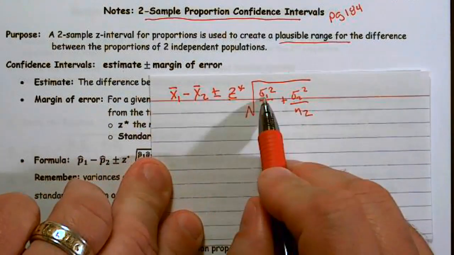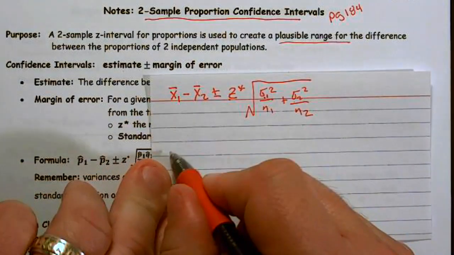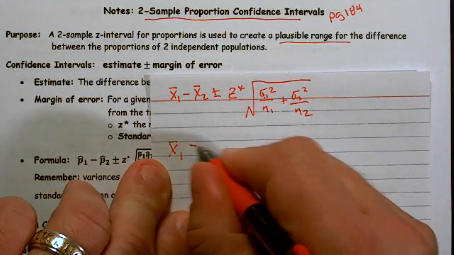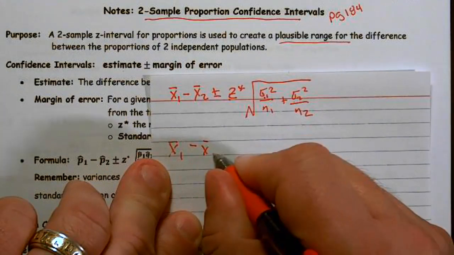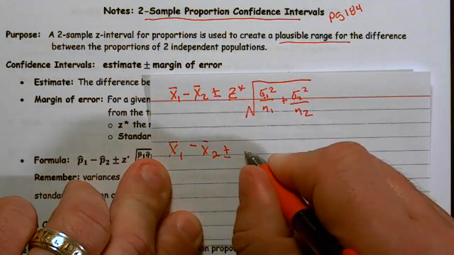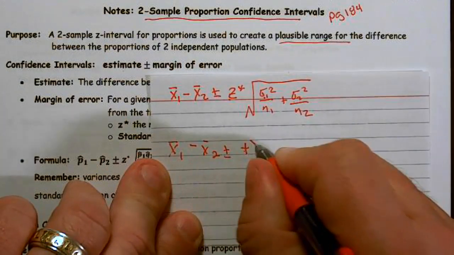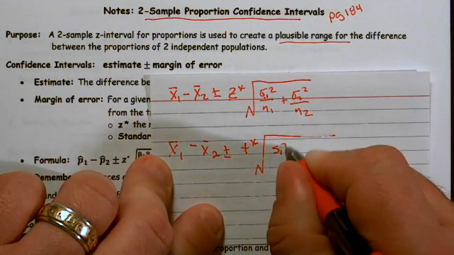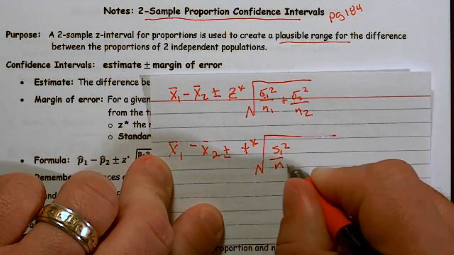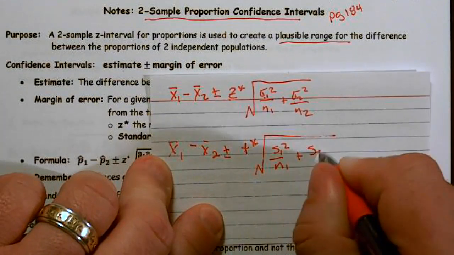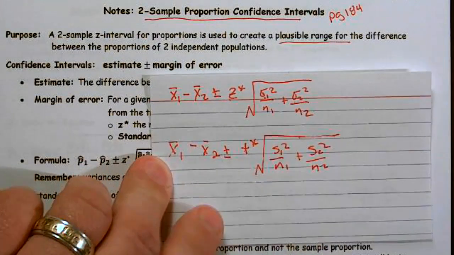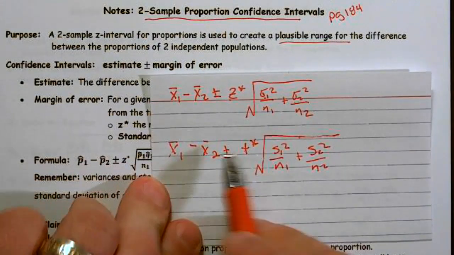That was if we knew the population standard deviation. What we really focused on was this: X bar 1 minus X bar 2 plus or minus T star, square root of S1 squared over N1 plus S2 squared over N2. So that's what we were using before, when we were working with means.